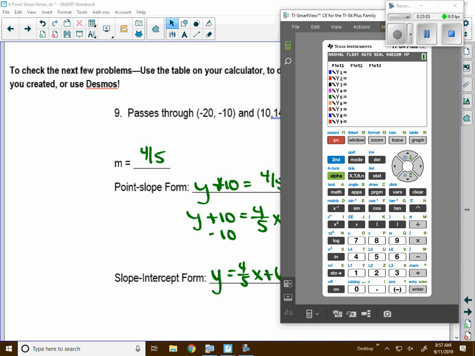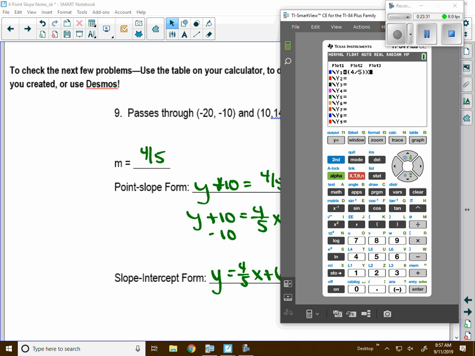Now, it already has Y equals there, so you don't have to worry about that part. You're just going to do 4 divided by 5, and make sure you put that 4/5 in parentheses. Then how you put an X in is the button right next to alpha. So this is what this should look like for you.